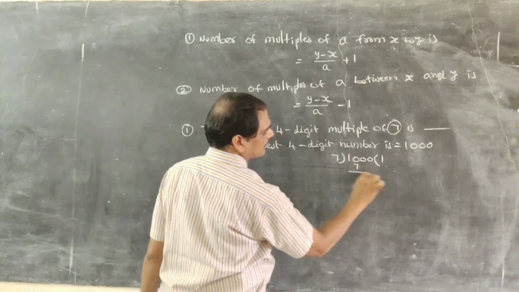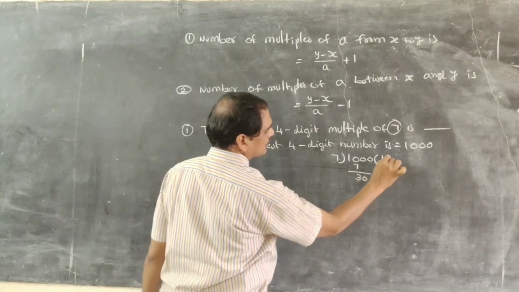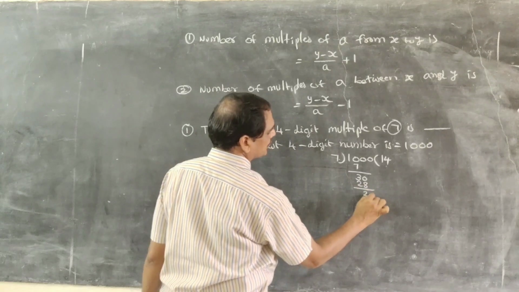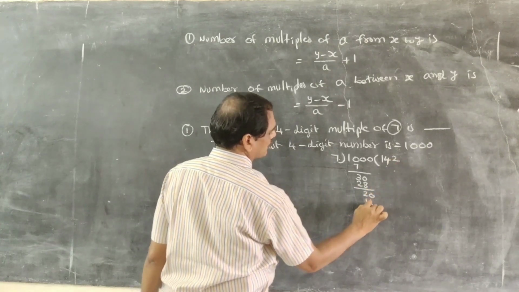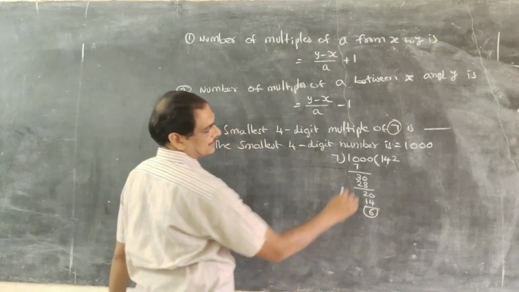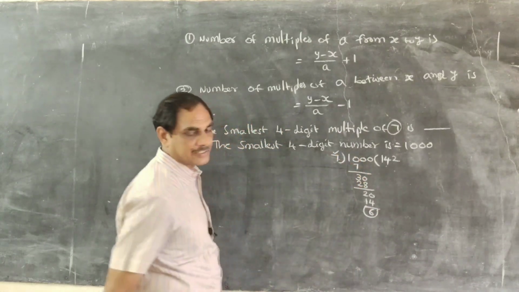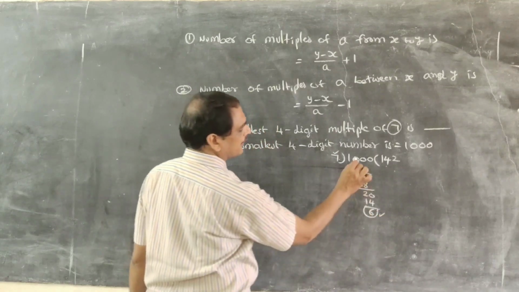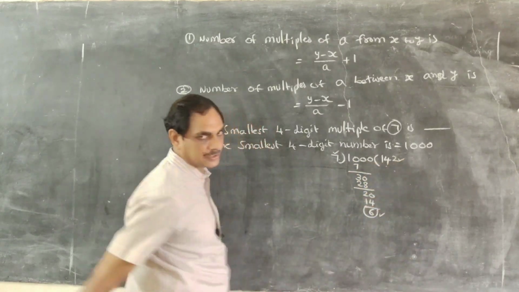7 ones are 7, 3, 0, 7 fours are 28, 2, 0, 7 twos are 14, remainder 6. Here this is called the divisor, this is the remainder, the dividend, and this is the quotient.